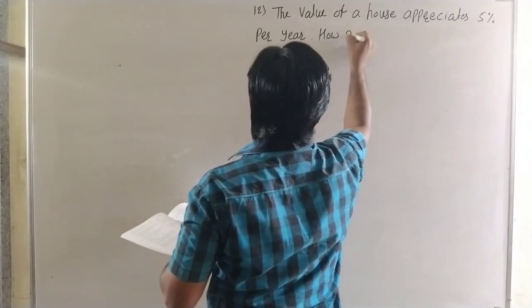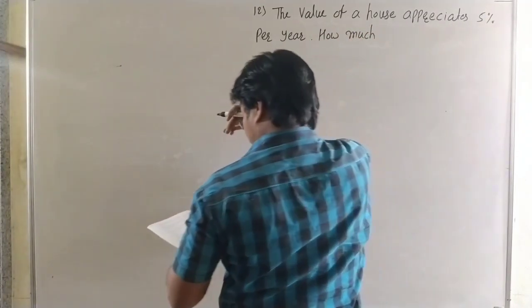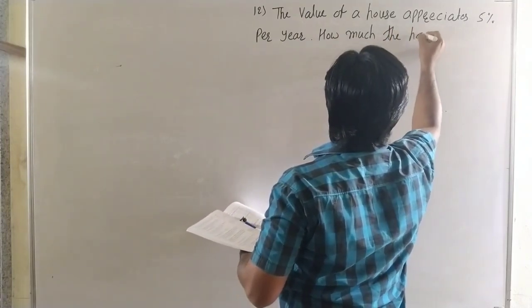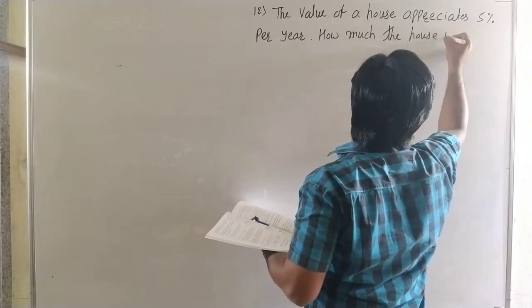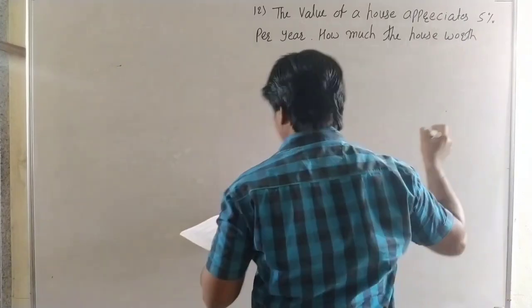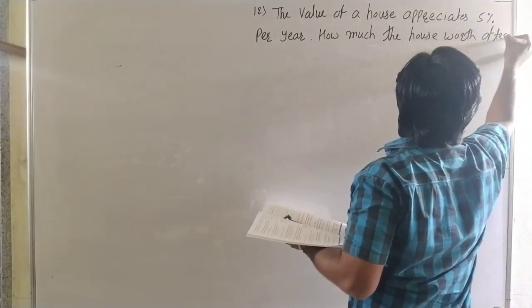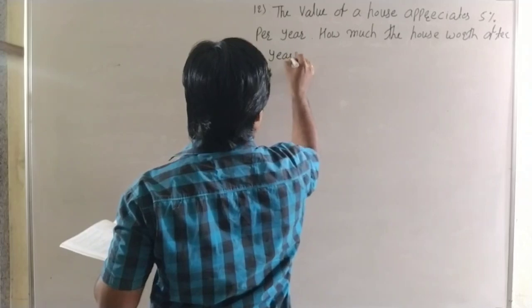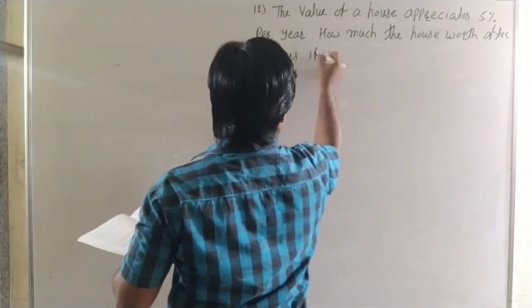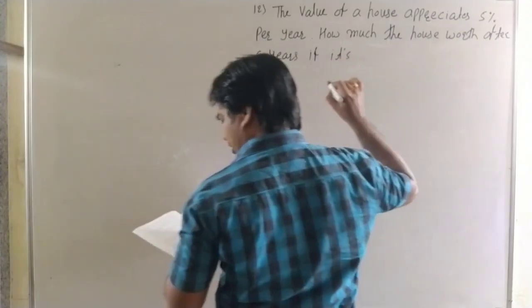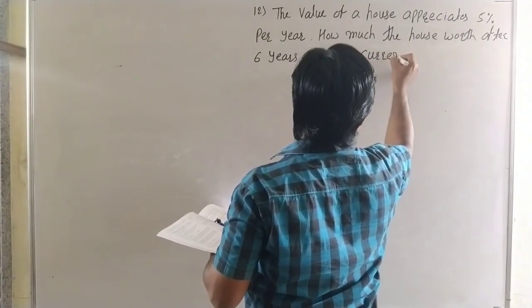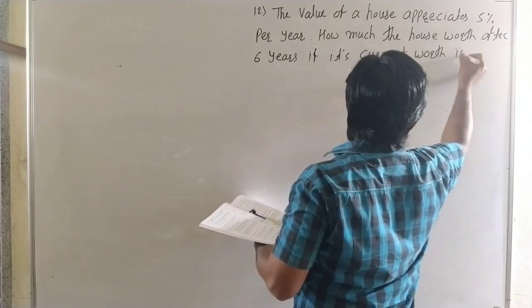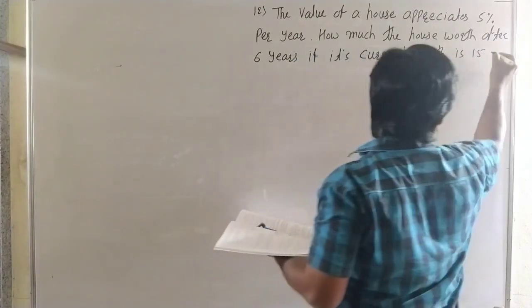How much is the house worth after 6 years, if its current worth is 15 lakh?